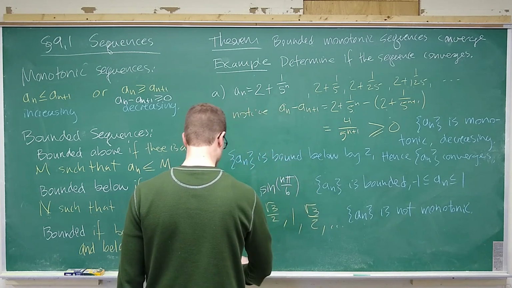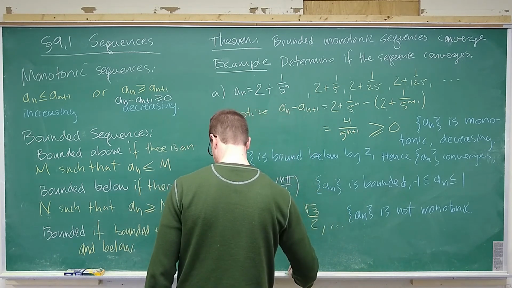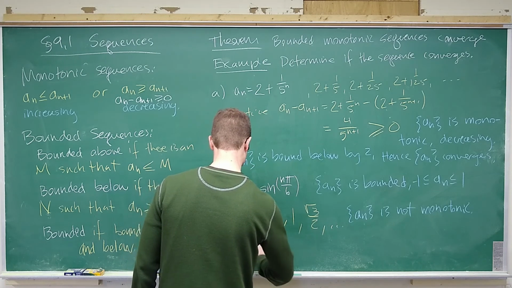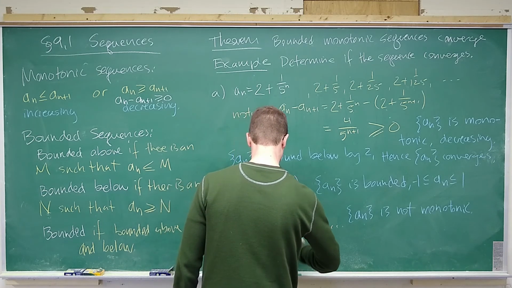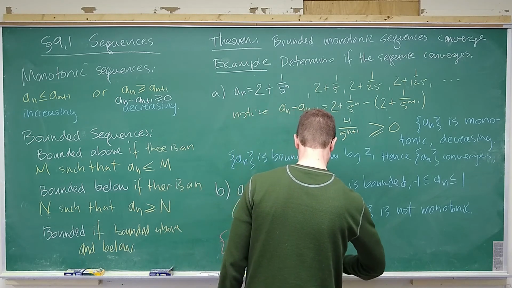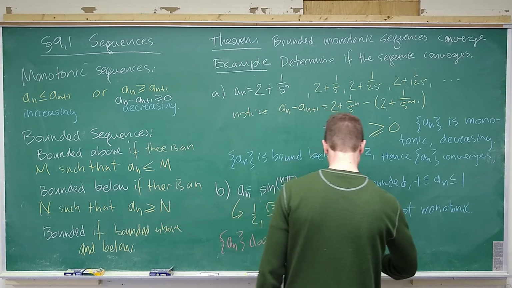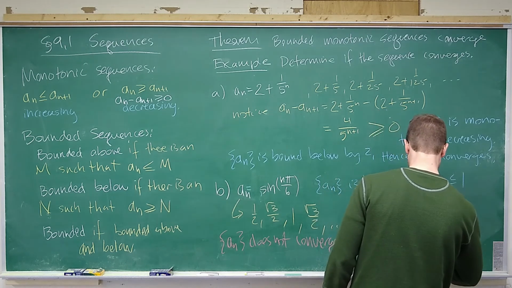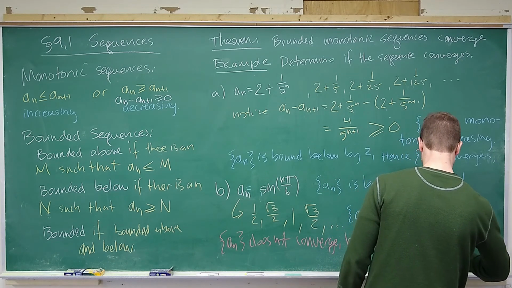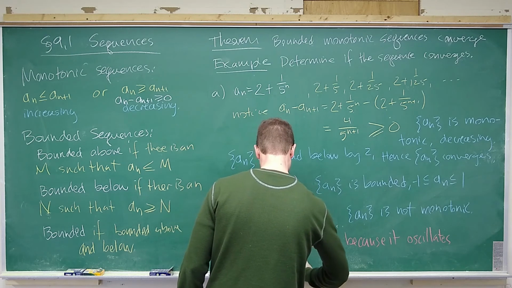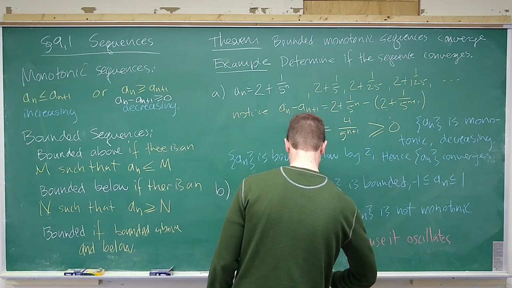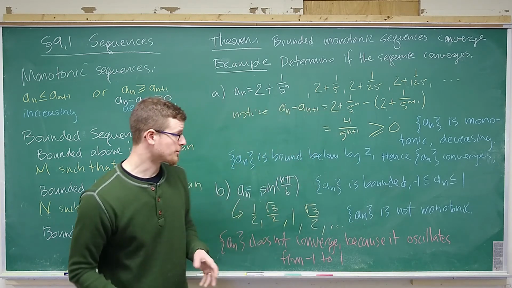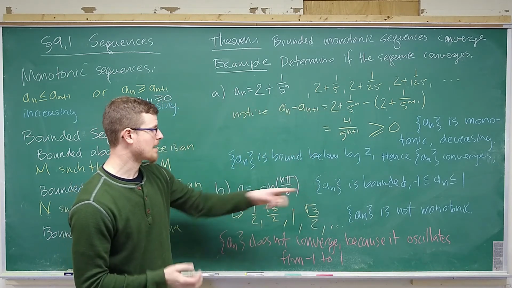So we would in fact conclude that a sub n does not converge because it oscillates from -1 to 1.